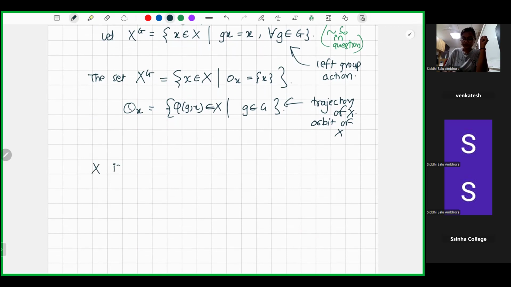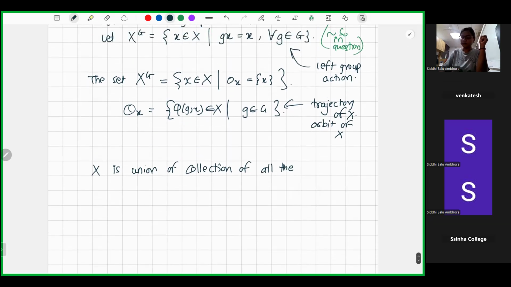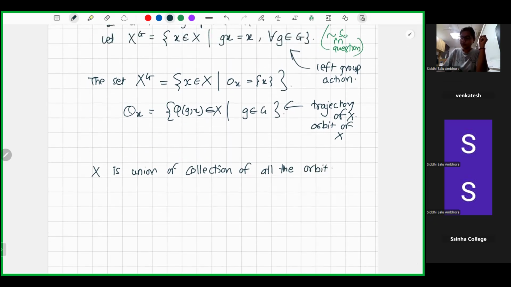X is the union of the collection of all the disjoint orbits of X. And the orbits of two elements either coincide or they are distinct.